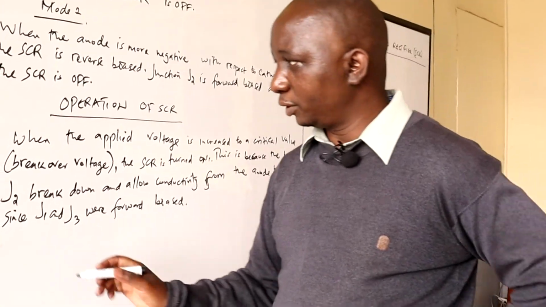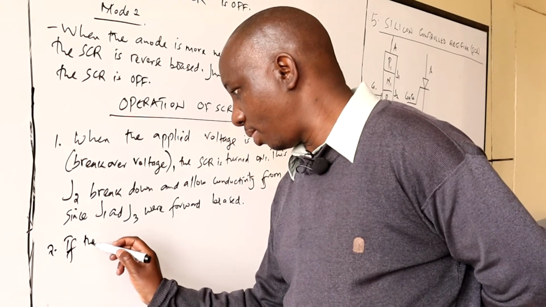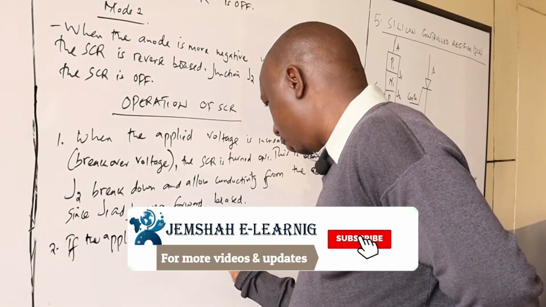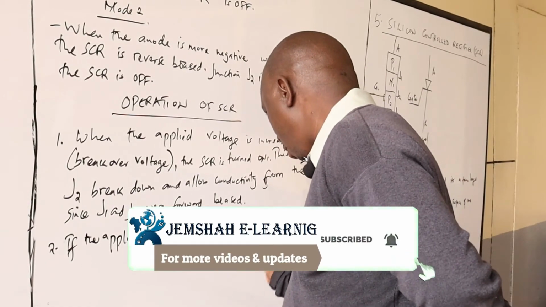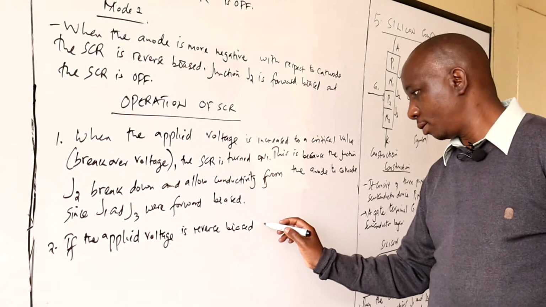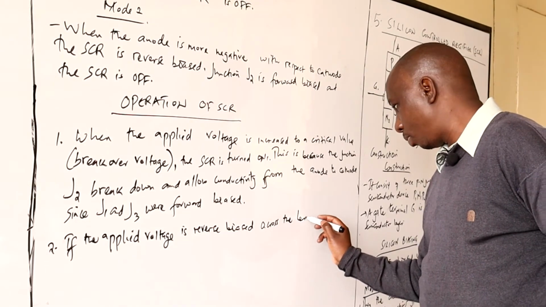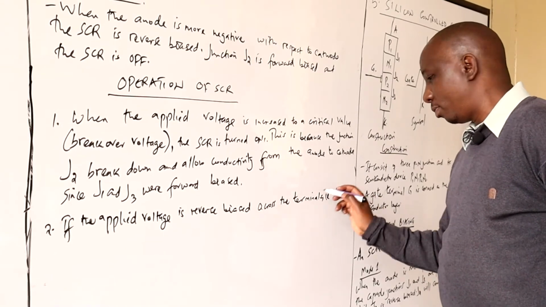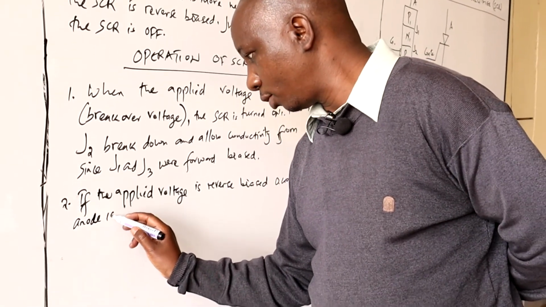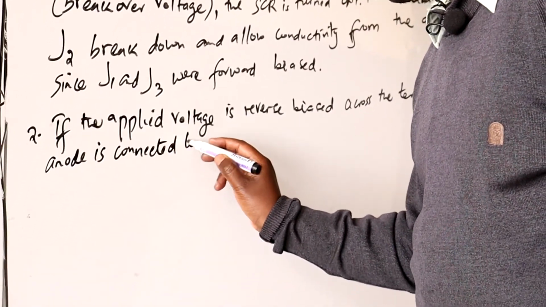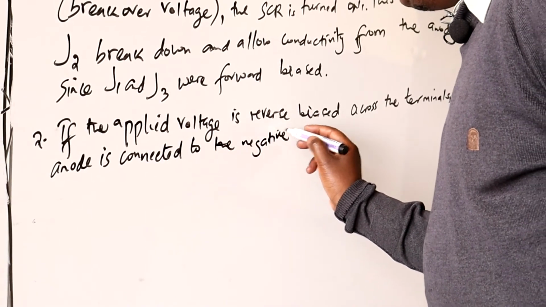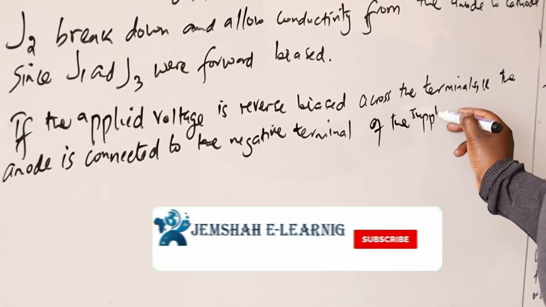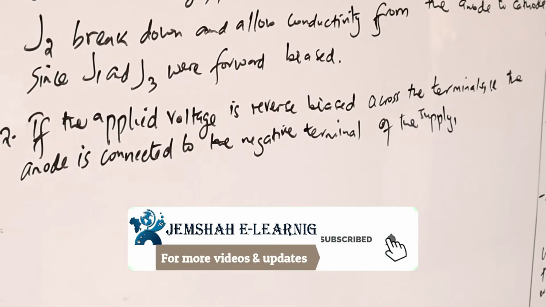If the applied voltage is reverse biased across the terminals, i.e., the anode is connected to the negative terminal of the supply.